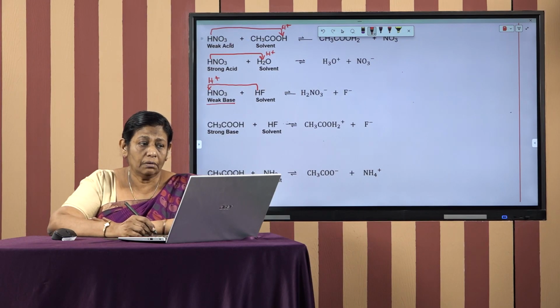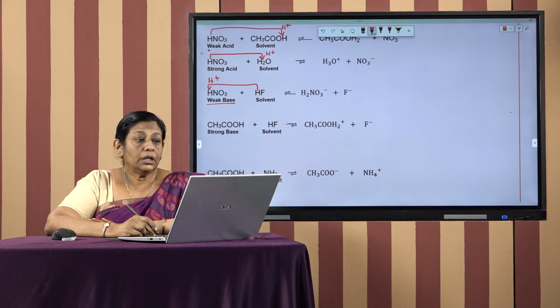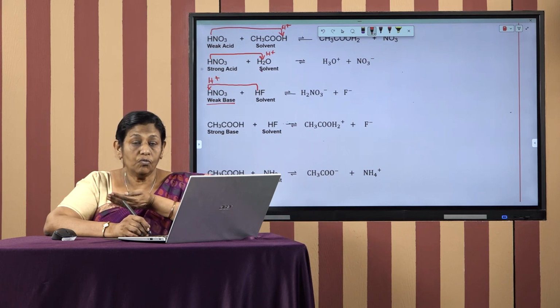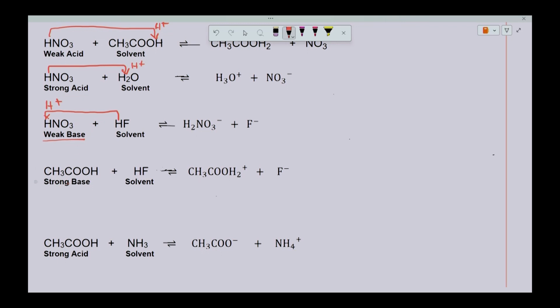So, just compare nitric acid in different solvents: acetic acid, water and HF. In acetic acid, nitric acid was a weak acid. In water, it was a strong acid. But in HF, it acts as a weak base. Now, let us take the case of acetic acid.